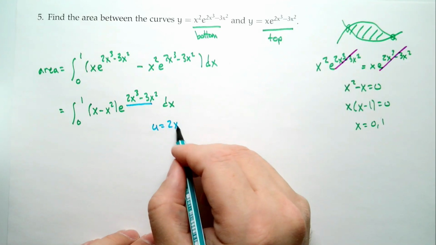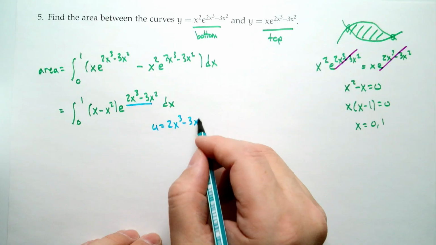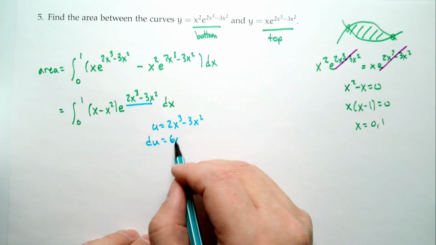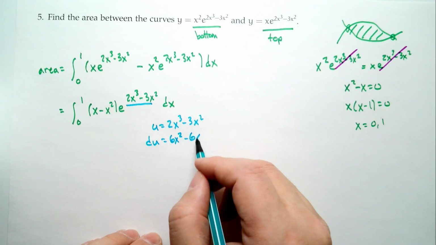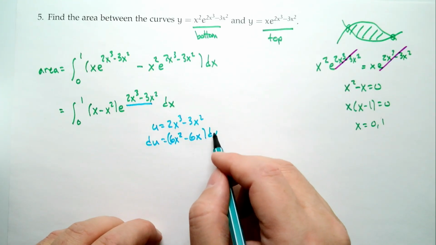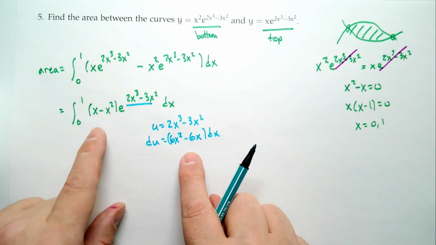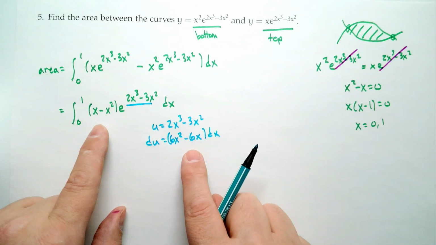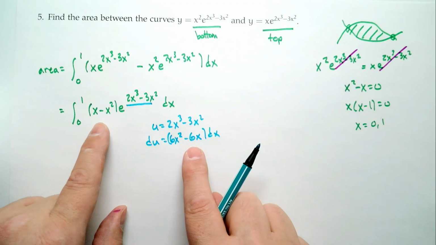So u equals 2x cubed minus 3x squared. What would du become? Well, 6x squared minus 6x, times dx. Now if we look, it's not quite what we have, but it's pretty close. It's off by a factor of 6.